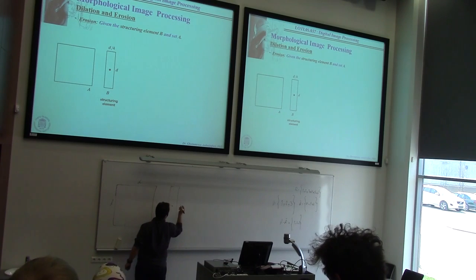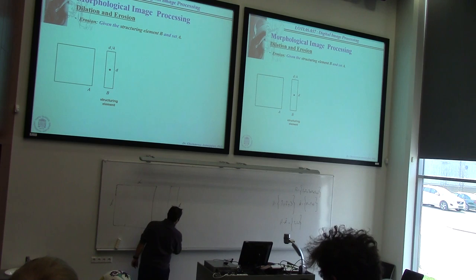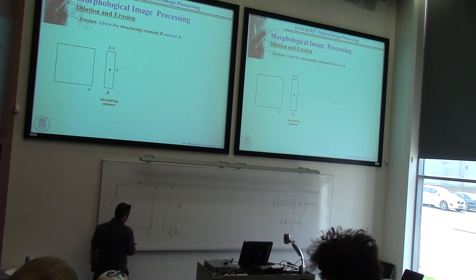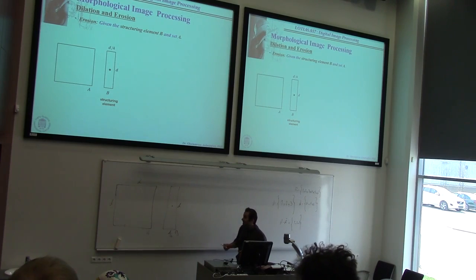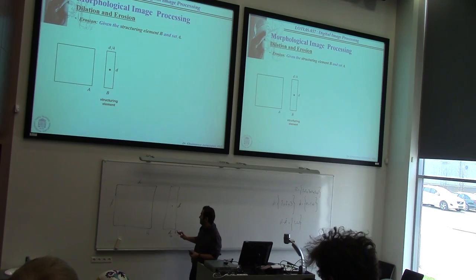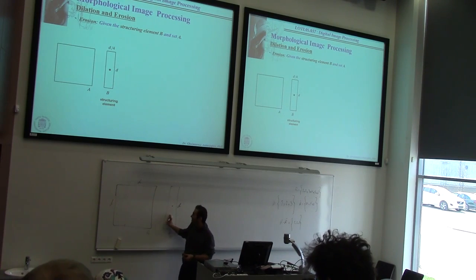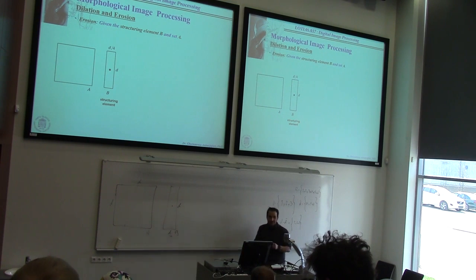The center is here. D over 4 is the set B, and we have the set of A. What do you think? What's the result after using the erosion operation for this structural element and this set? What would be the result?